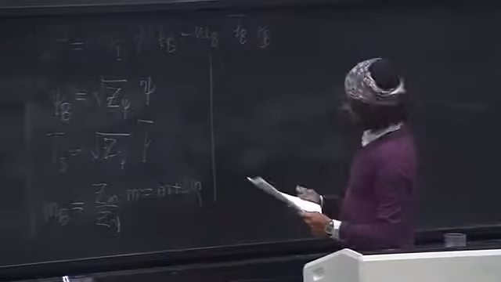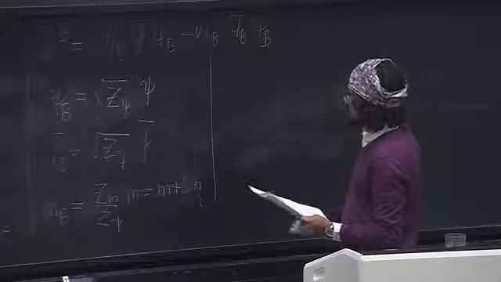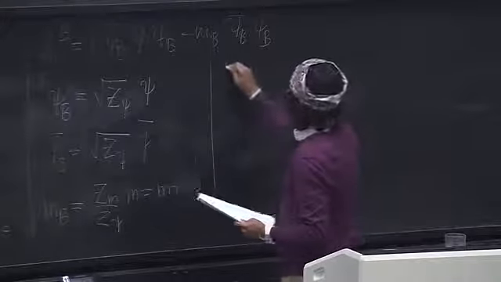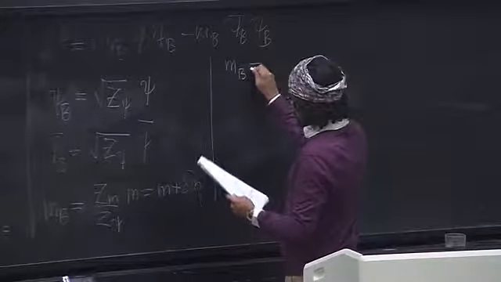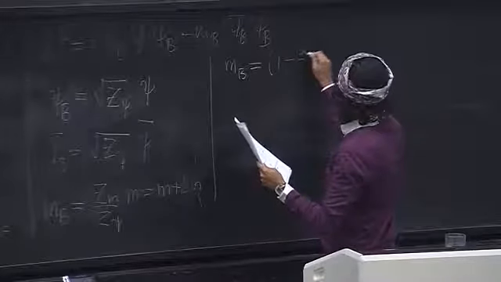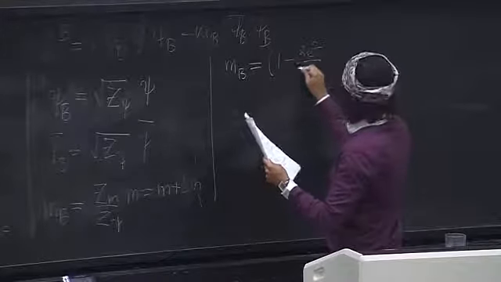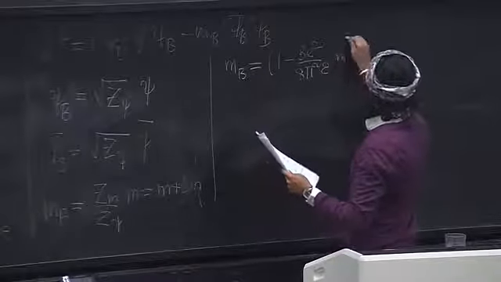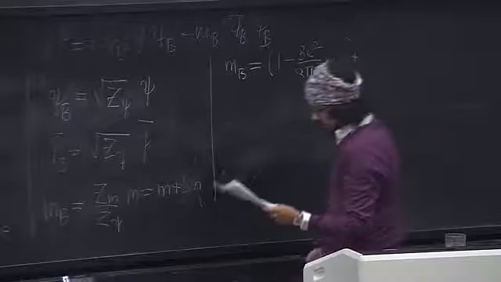Since we're only interested in quantities up to order e squared, we can now expand these out. Then the bare mass turns out to be 1 minus 3e squared over 8π squared epsilon, times m, and there are higher order terms.